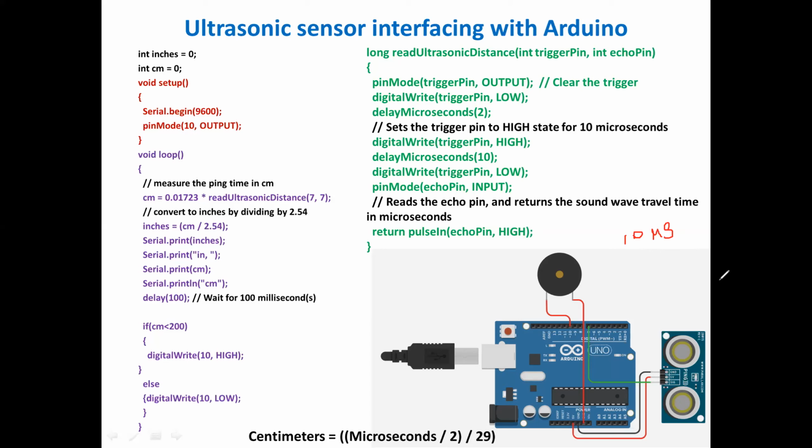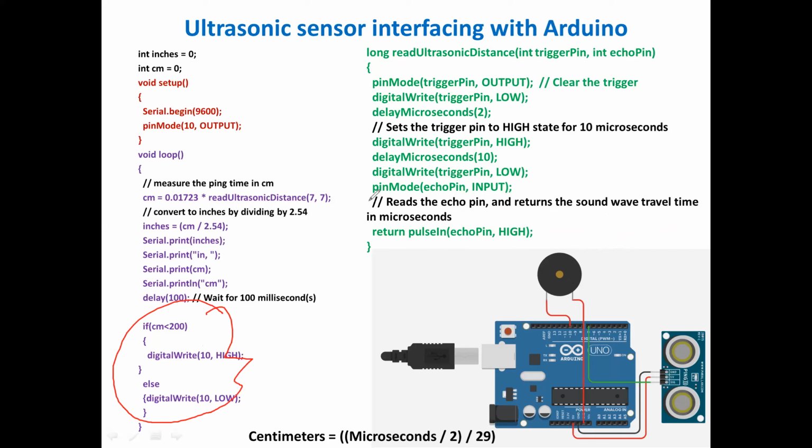We can have a buzzer depending on the condition. If the object is too close, you can have a beep sound. If the object is too far away, you can turn off your buzzer. That is up to your condition and your application.